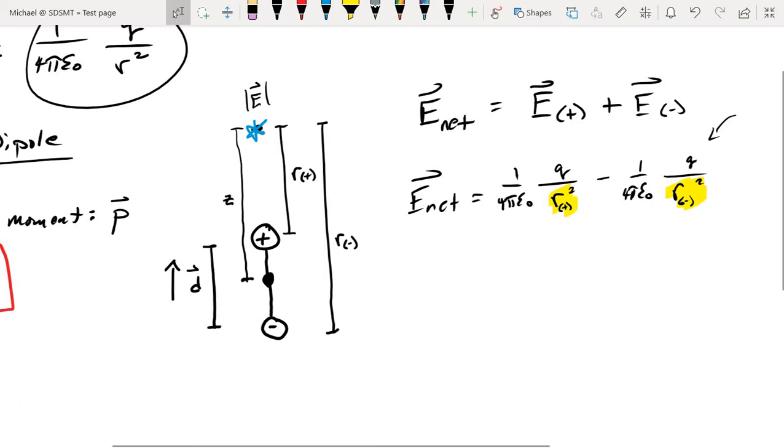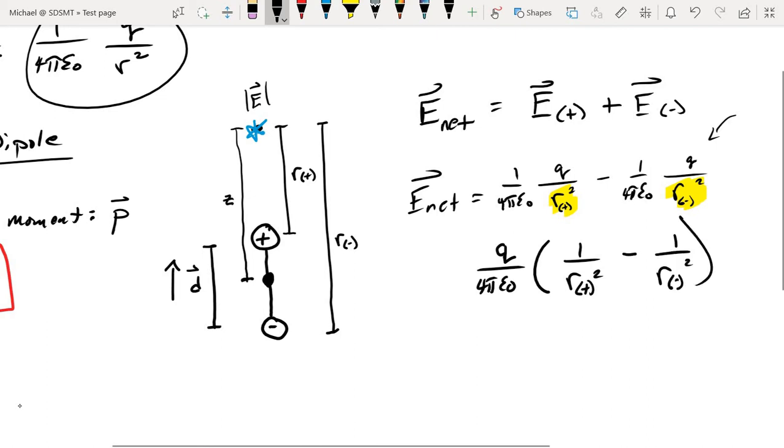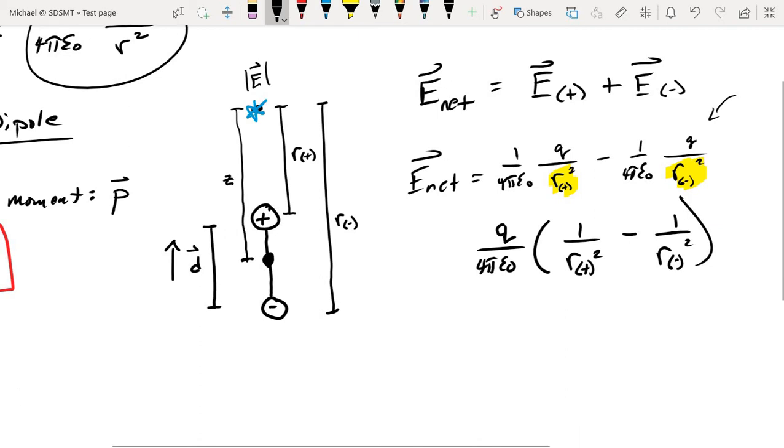Right now we've got the combination of two fractions in front of us. They both have a common value of K. I can also factor out the Q. But what's left is the combination of 1 over R positive squared minus 1 over R negative squared, and we need to combine those two.